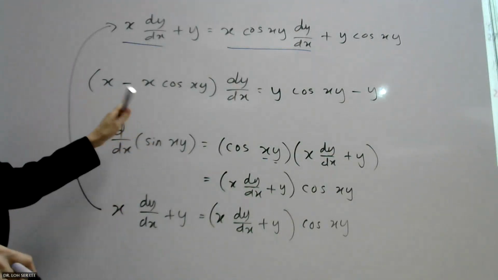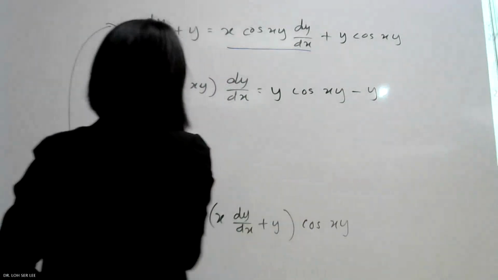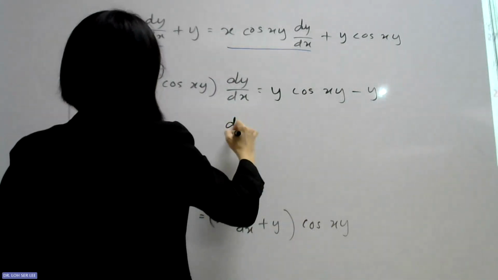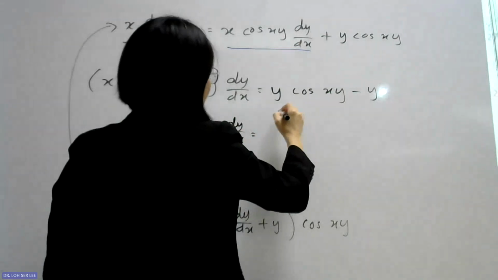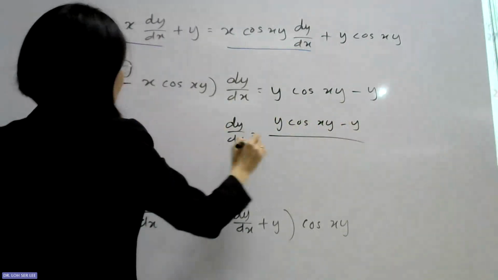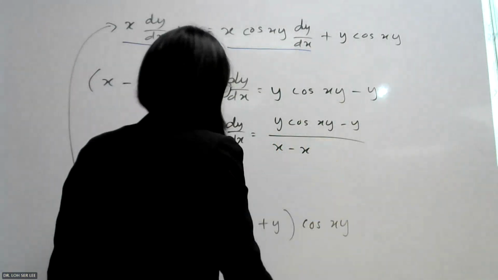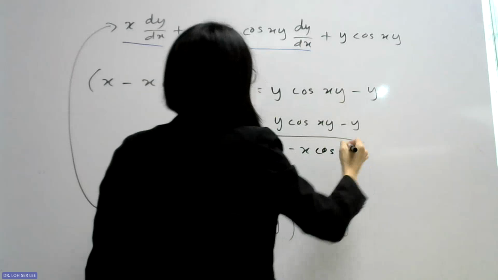Then we can get the dy/dx. So your dy/dx will be y cos xy minus y over x minus x cos xy.